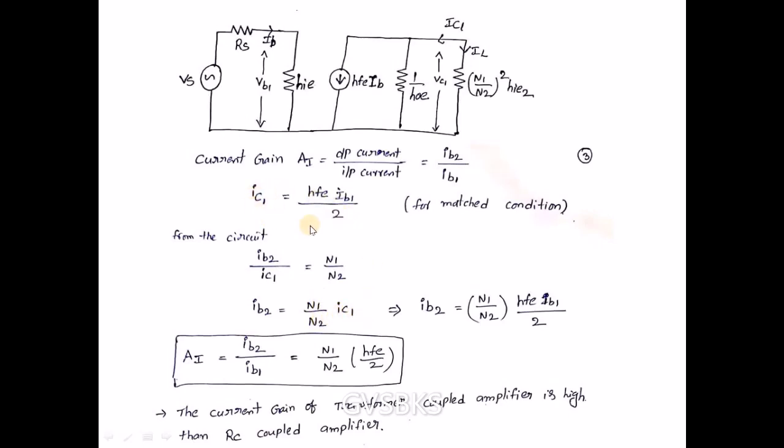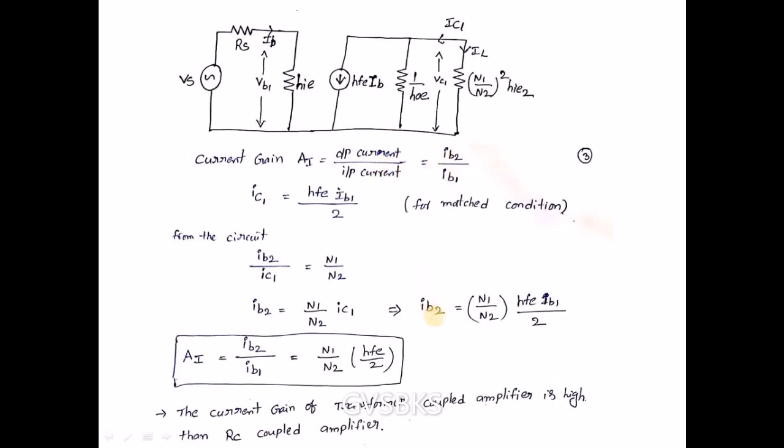And we know IC1 value we already calculated, which is HFE IB1 by 2. Therefore, IB2 can be calculated as N1 by N2 into HFE IB1 by 2. The current gain AI is the output current divided by input current, which is IB2 divided by IB1.